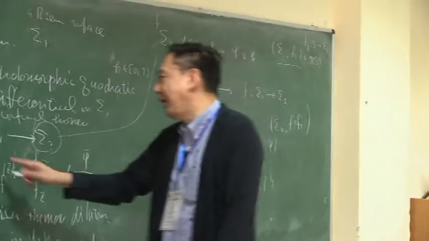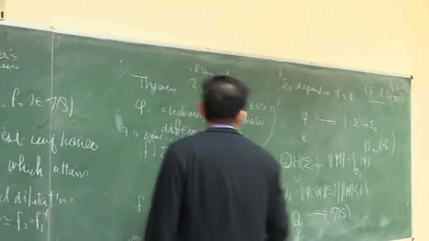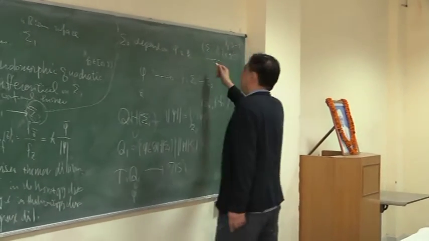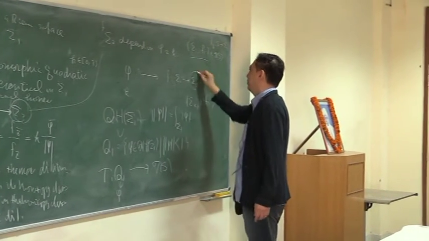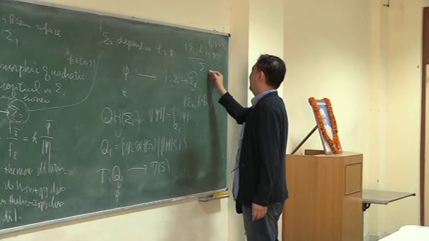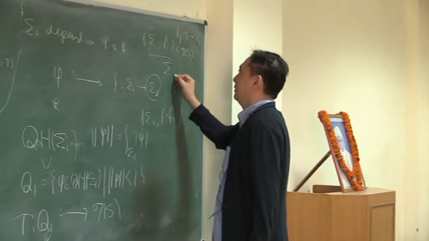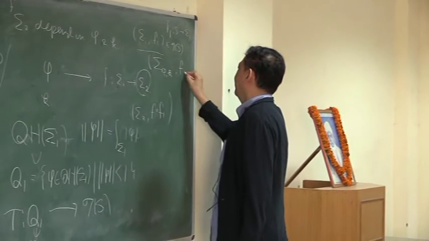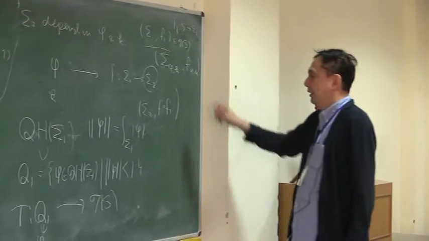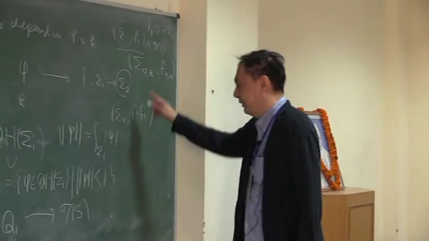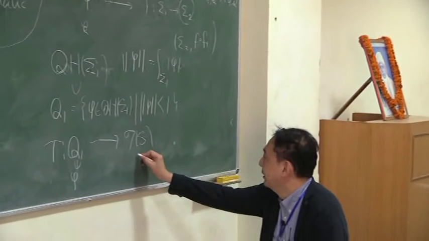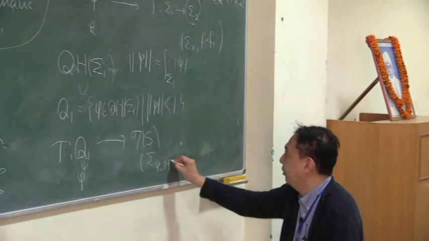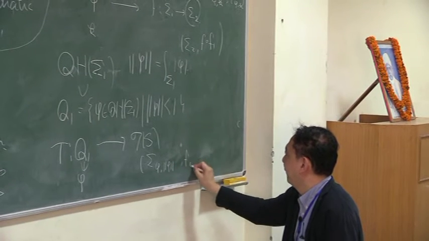F and sigma 2 depend on k and phi, so maybe it would be better to write it as phi k, sigma phi and F phi.